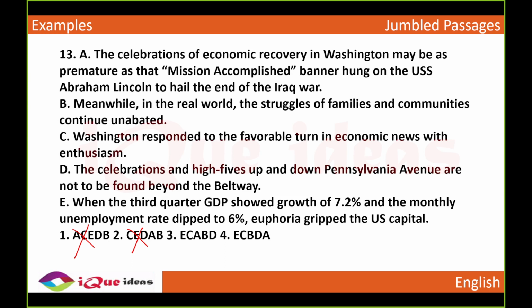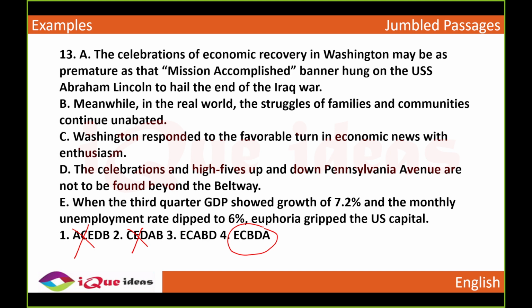Then B, at one time there is a favorable thing, but meanwhile struggles of families and communities continue. The celebration is not to be found, so the celebration may be as premature as something. So going with that, E C B D A might be the option. Let us check whether E C A B D makes sense.